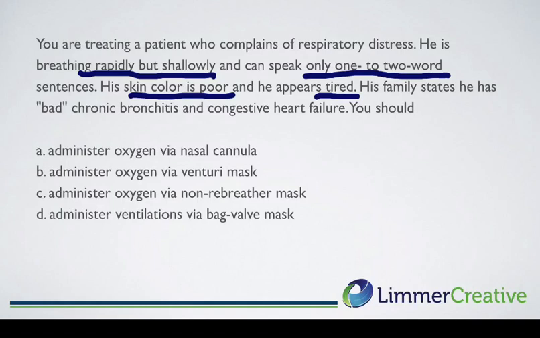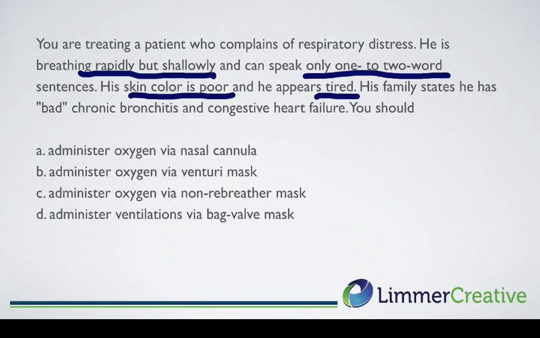Why is he tired? Because the work of breathing, using all those muscles for respiration, makes you very, very tired. You can't keep that up for a long period of time. So these are probably some of the biggest clues that you'll see. And again, I put them all in one place. You won't get one handed to you like this. You might see 1 or 2 of these, but it builds a patient picture of a patient who needs to be ventilated.